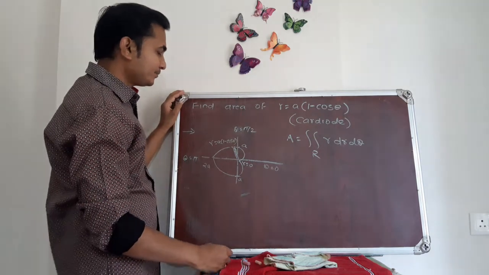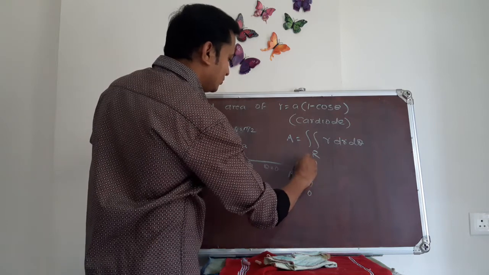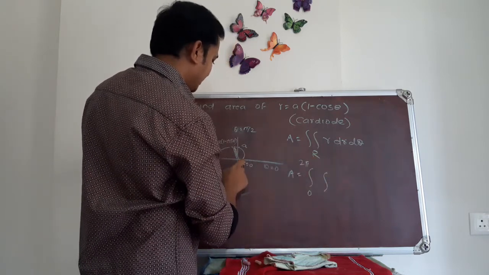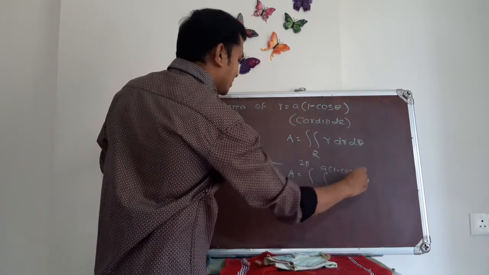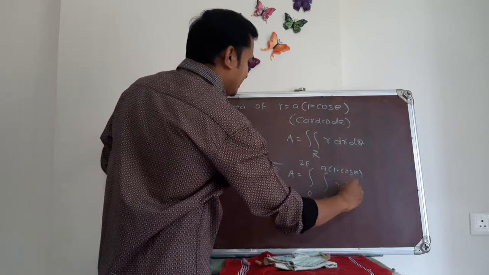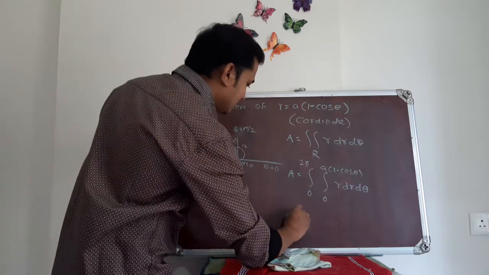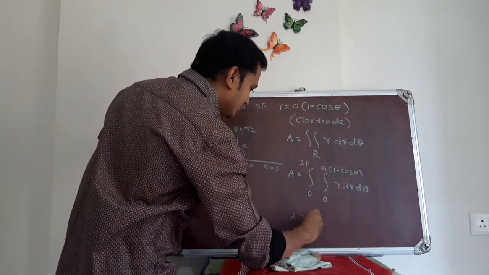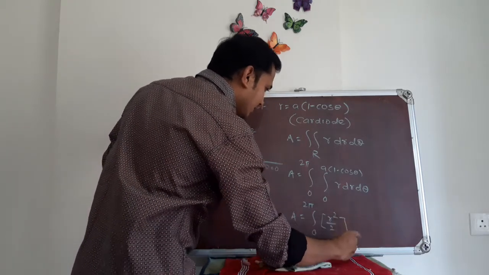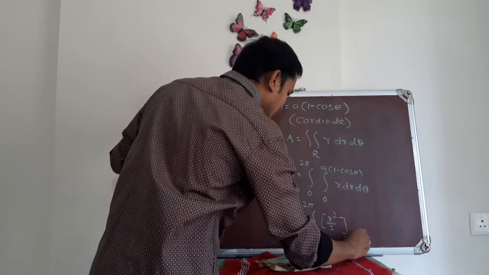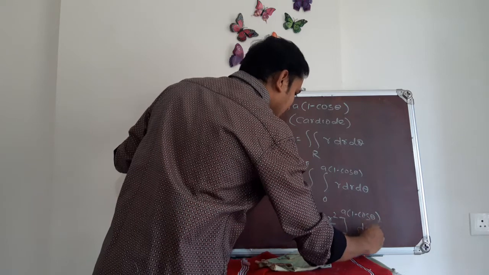Okay. So A is equal to, the outer limit should be the limits of theta, so 0 to 2 pi, and inner limits of r 0 to a into 1 minus cos theta, r dr d theta. So A is equal to the integral 0 to 2 pi of r square by 2 with limits r equal to 0 to a into 1 minus cos theta d theta.